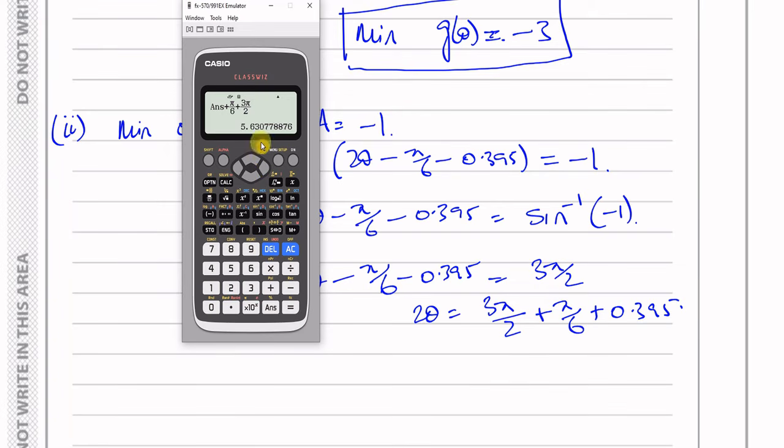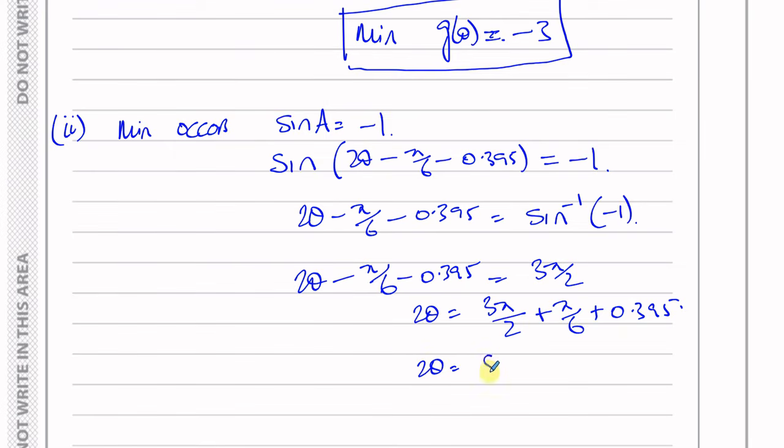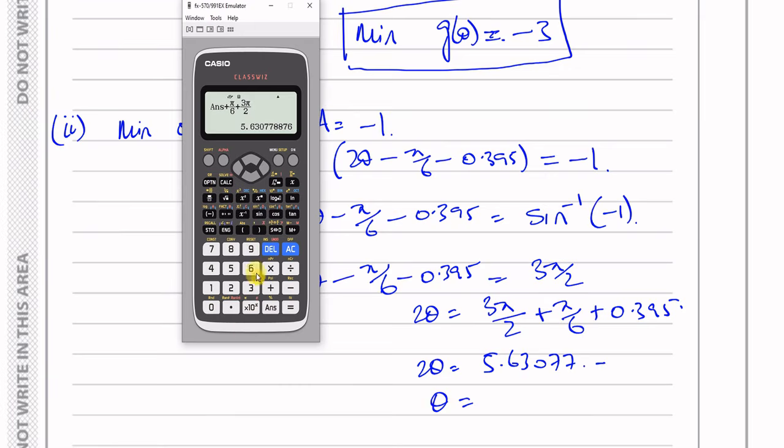And that gives us 5.63077, so 2 theta equals 5.63077, and it continues on like that. So theta therefore is this number divided by 2. You divide this by 2, you get 2.8153.